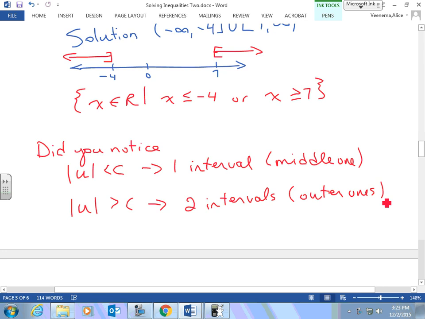If you think about what the absolute value function looks like, and I'll just sketch it off to the side here, that makes sense. Even if that function is translated or moved somewhere else, when you think about it being larger than some number, you end up with two portions of that function. And if it's less than, you end up with one portion of it being true for that type of question.